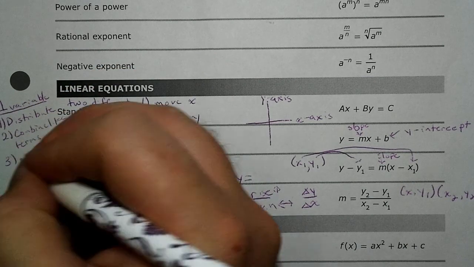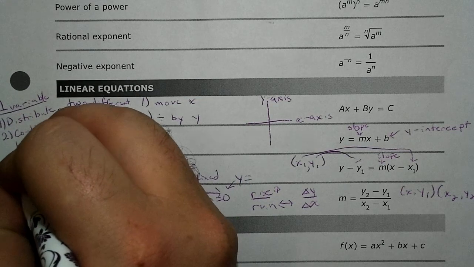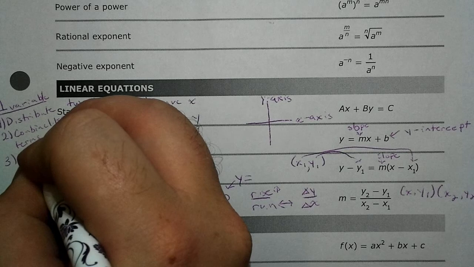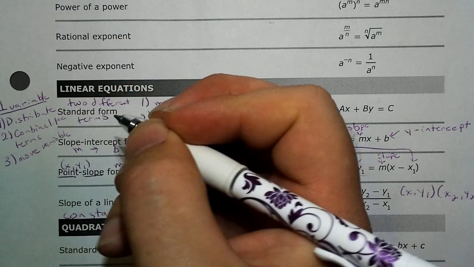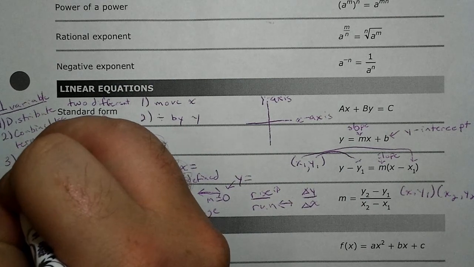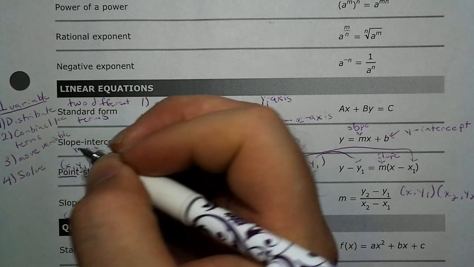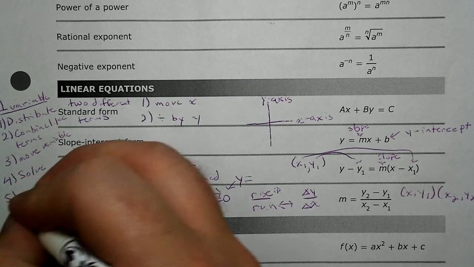Step 3, move your x or move the variable if you need to. Step 4, you go through and solve it. And then step 5, this only applies if you have an inequality.